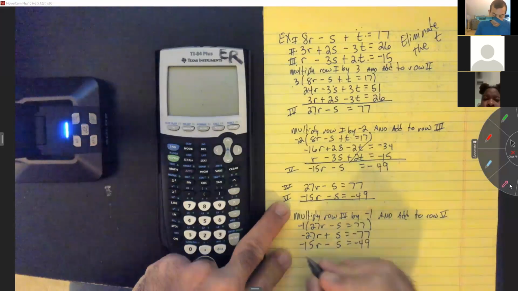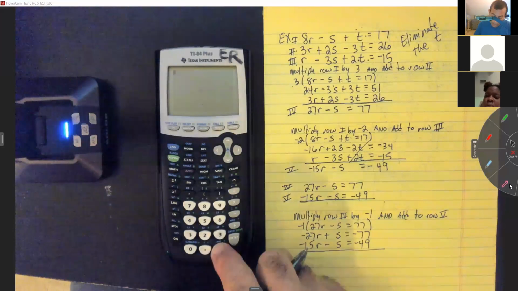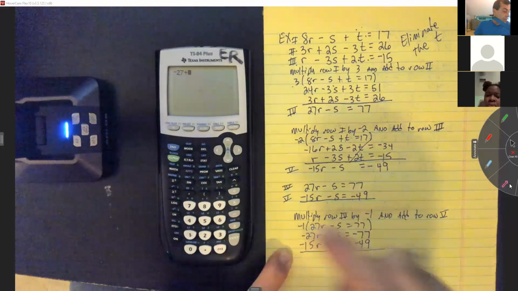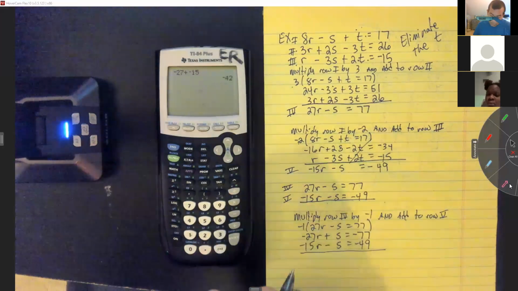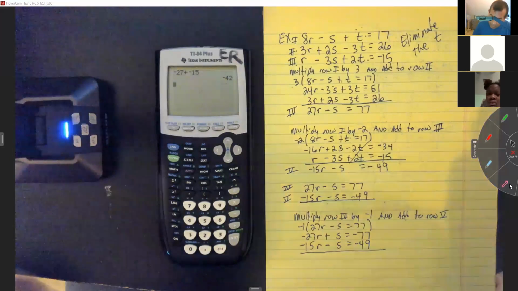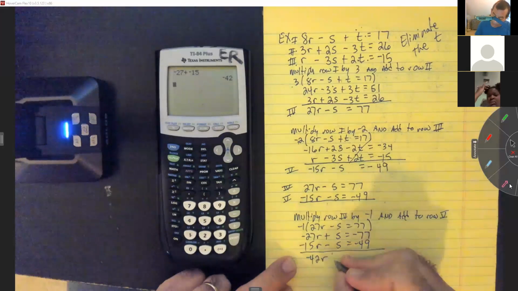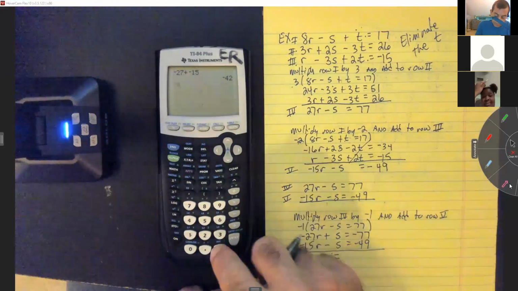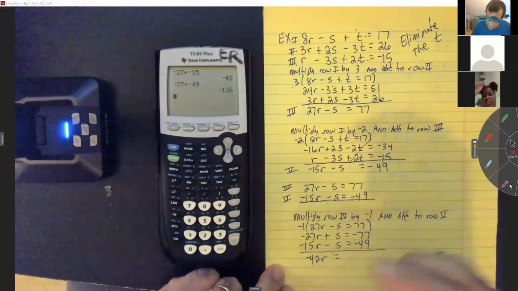So what is negative 27 plus negative 15 going to equal? That's going to give me negative 42R. The S's cancel. And then negative 77 plus negative 49 is negative 126.